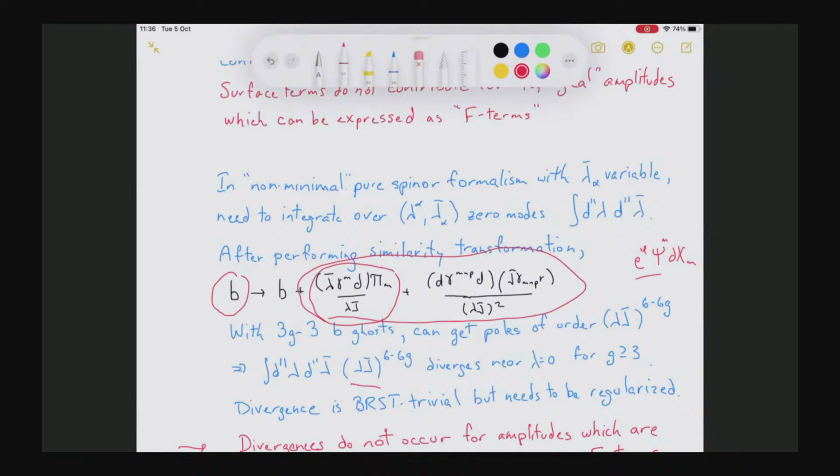So it does have a similar flavor: the B ghost in the pure spinor formalism, and the picture raising operators in RNS. So that's, of course, going to be necessary if we're going to relate higher genus amplitudes. I don't know if that was your question about how picture raising comes in? Yeah, thanks.